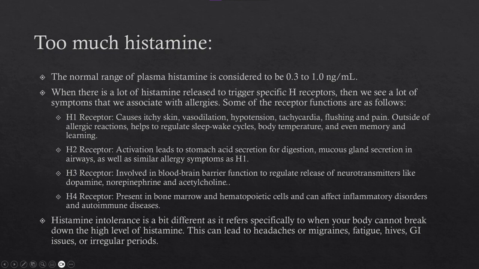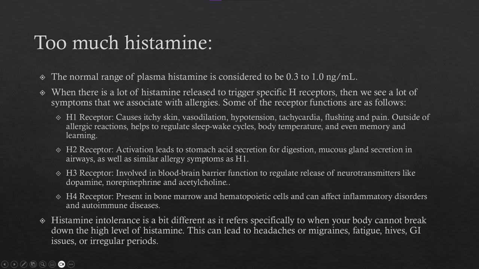And finally, we have the H4 receptors, which is present in bone marrow and hematopoietic cells, and can affect inflammatory disorders and autoimmune diseases. This can cause things like chronic inflammation, pain or itchiness, and things like rheumatoid arthritis or inflammatory bowel disease.